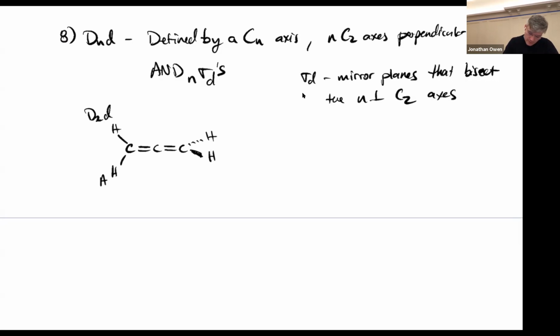Let's give us some labels: A, B, C, D, clockwise fashion. Well, it's not too hard to see that you can have a C2 axis here that exchanges B and A and C and D. That kind of makes sense.